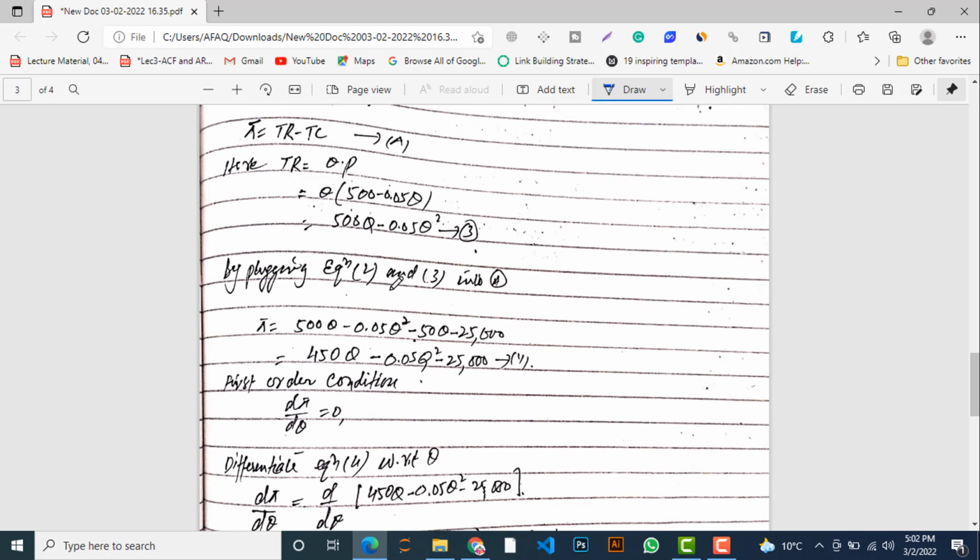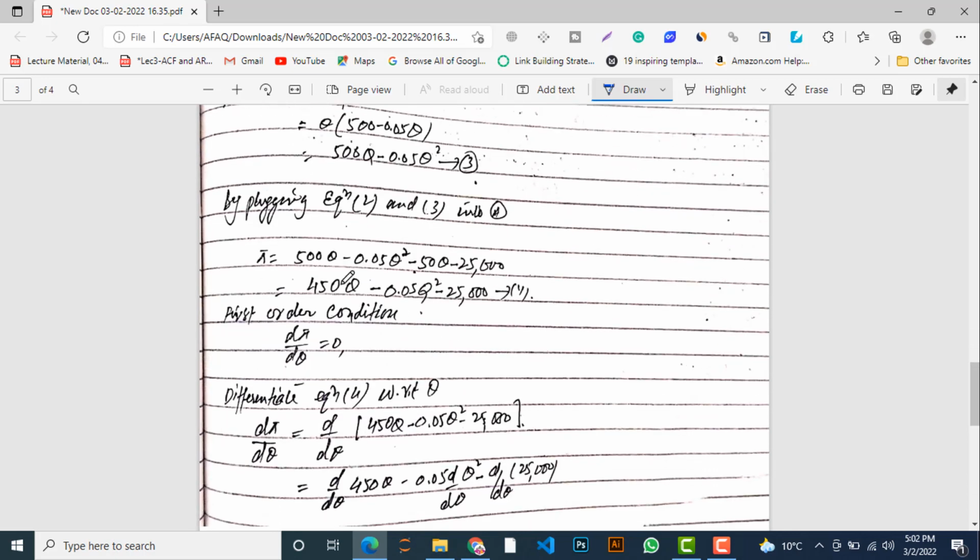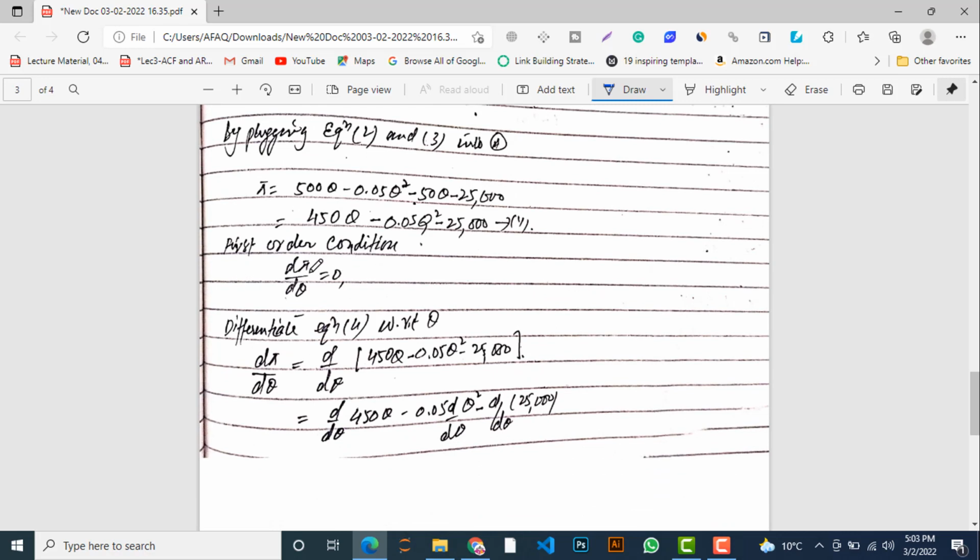By plugging equations 2 and 3 into A, we will get 500Q minus 0.05Q square minus 50Q minus 25,000. So subtracting 50Q from 500Q, we will get 450Q minus 0.05Q square minus 25,000, and this is equation number 4. Now we apply the optimization condition to find the maximum quantity for profit on a weekly basis. First order condition is d pi over dQ is equal to 0.